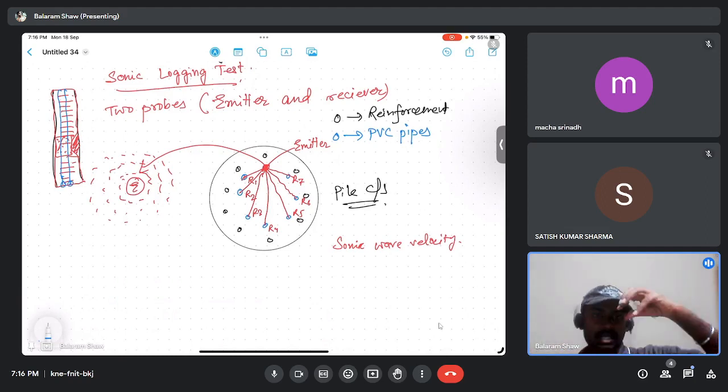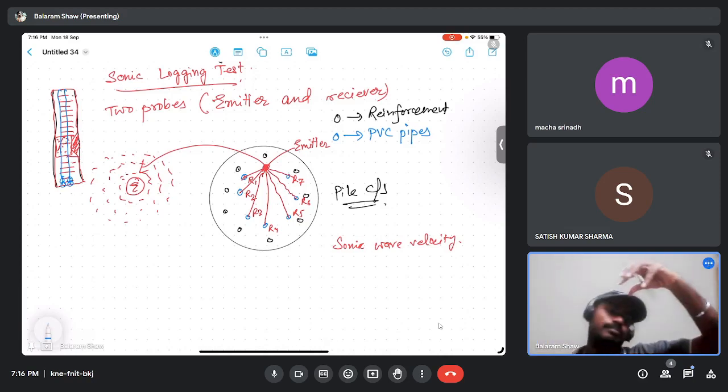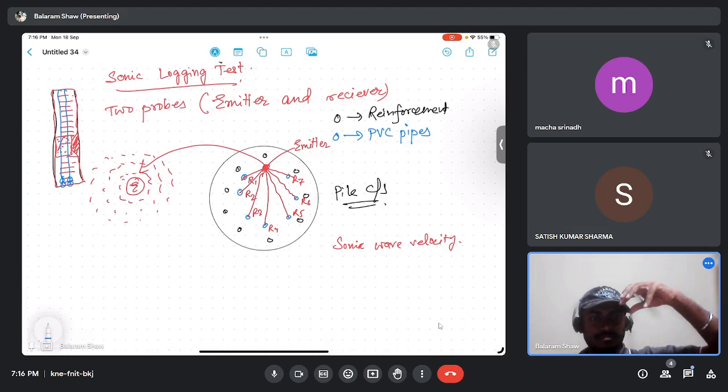Now we pull it again and it will go up like this, and at every point in the pipes we'll do the test. It is like we are not doing anything. The sonic logging board is digital and does it. So we just have to pull out the probe and it will detect.